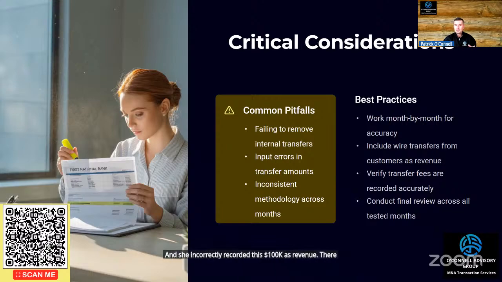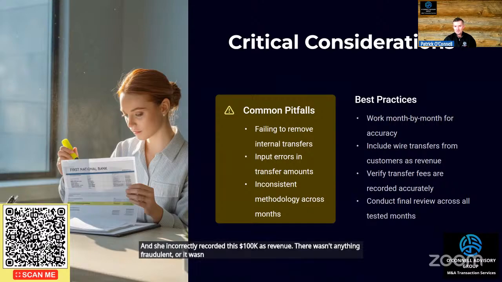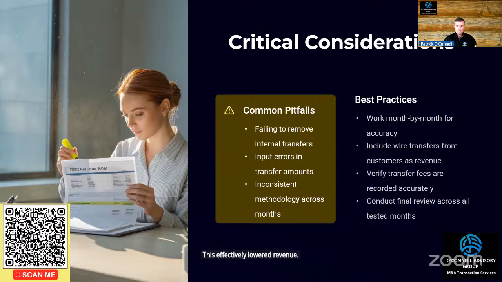There wasn't anything fraudulent, it wasn't intentional. It was really a clerical error. But after uncovering this, it effectively lowered revenue by $100,000. In terms of overall impact, a $100,000 deduct to EBITDA for this deal specifically was a $500,000 purchase price adjustment.